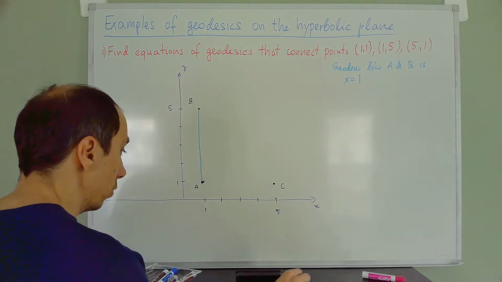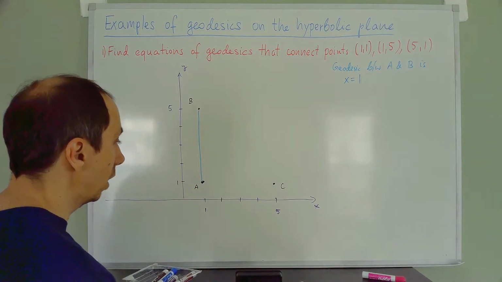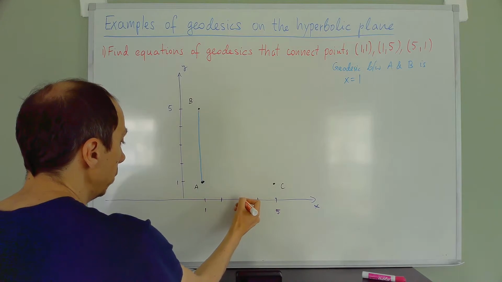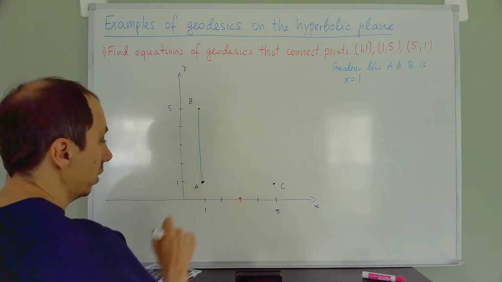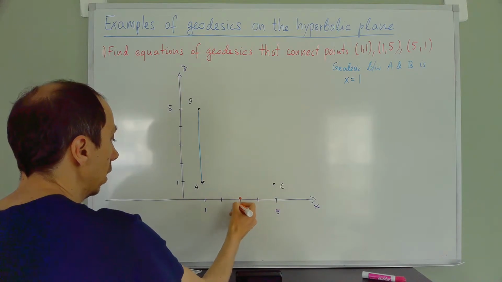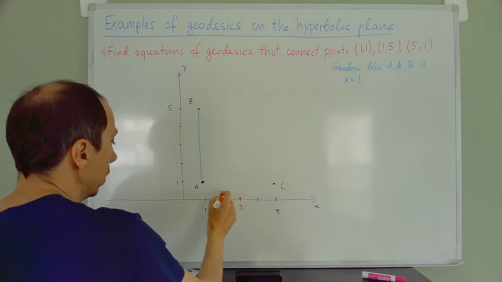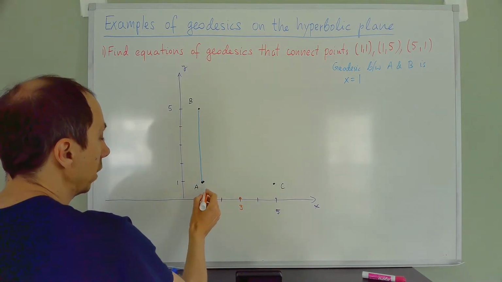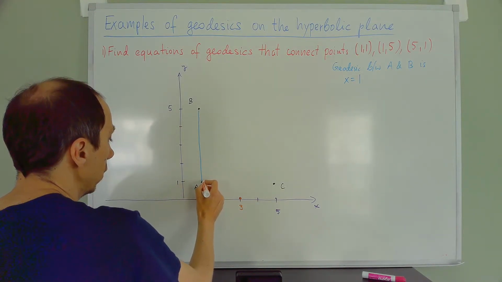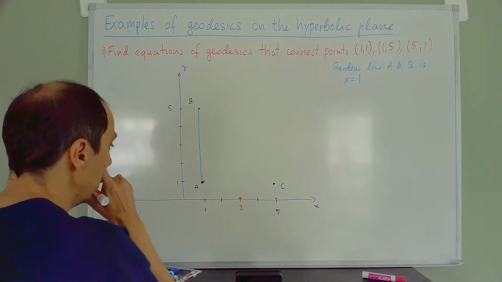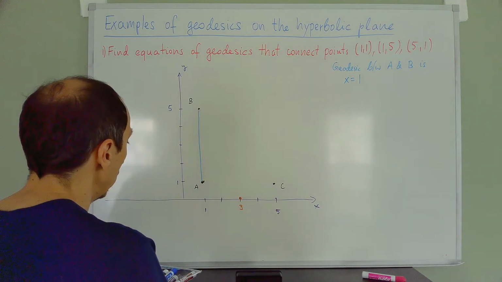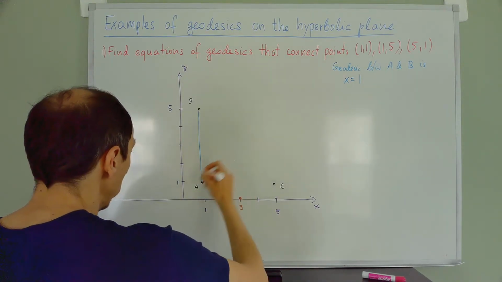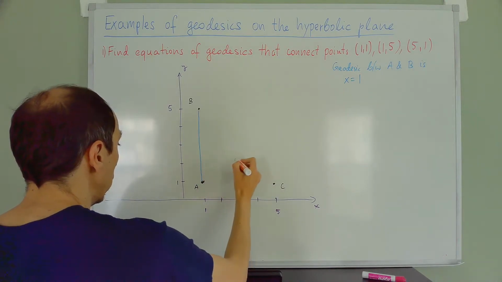What about the other ones? Well, here we face the same situation that we did last time with these 2 points aligned horizontally. So you already know that the geodesic between them is going to be a circle whose center is going to be here at 3. The radius is going to be 2 squared, so 4, plus 1 squared, so 5, so radical 5. So radical 5 is slightly bigger than 2, so it's going to pass somewhat above this point here.